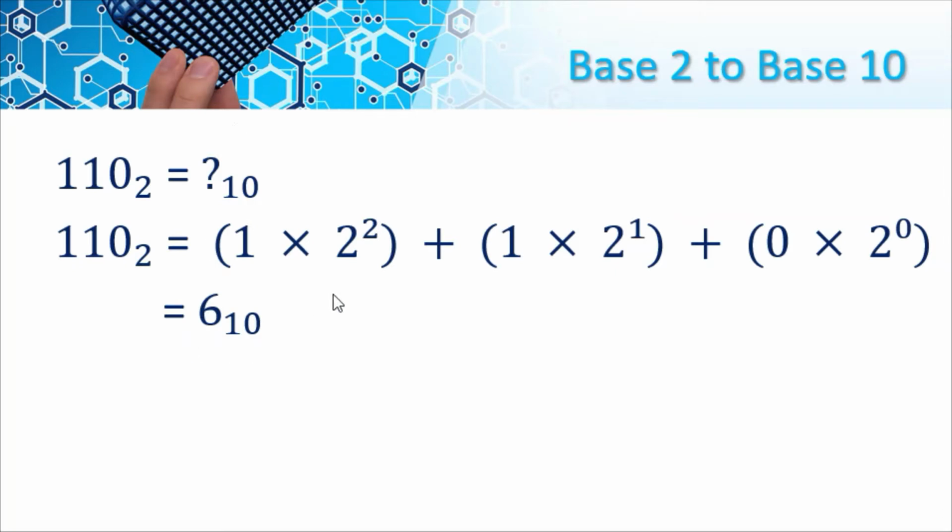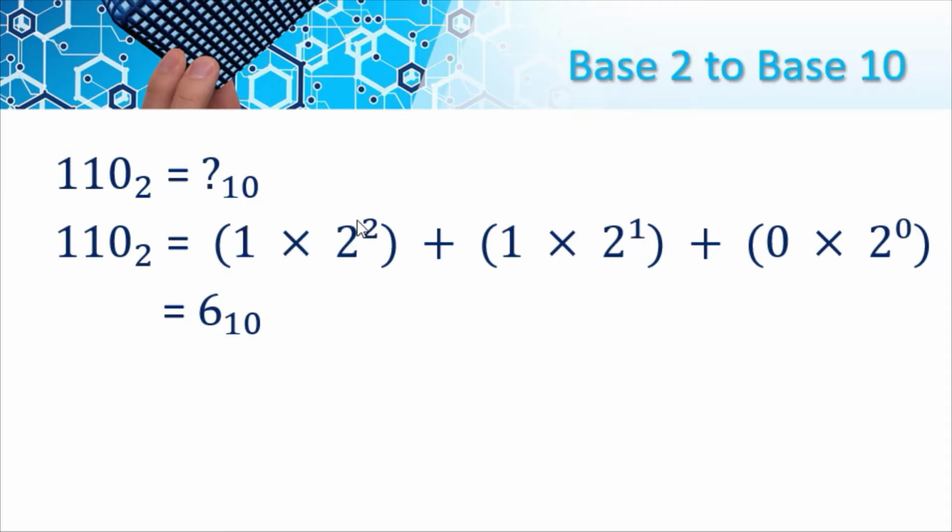So, mao ni ang solution, class. So, we start ta sa left side. So, left from right. So, we have 0 times 2 to the power of 0 plus 1 times 2 to the power of 1 plus 1 times 2 to the power of 2.